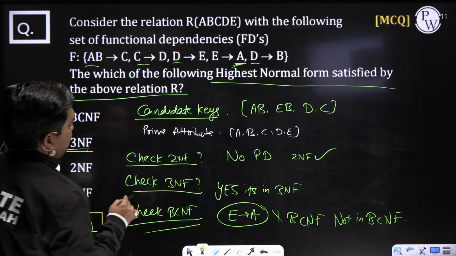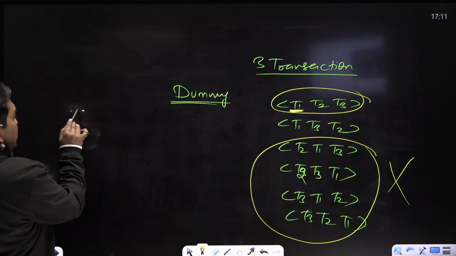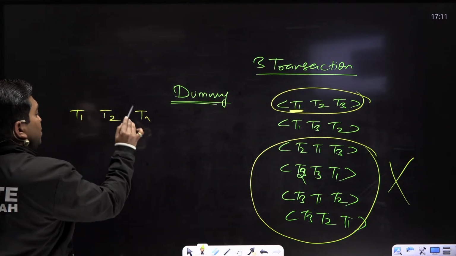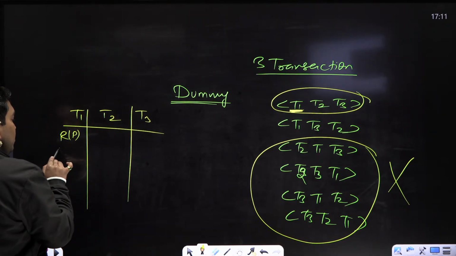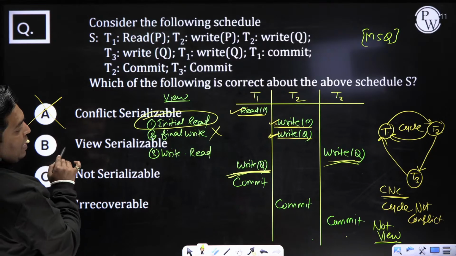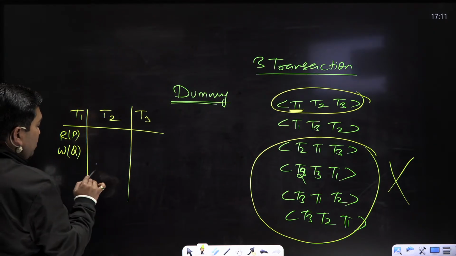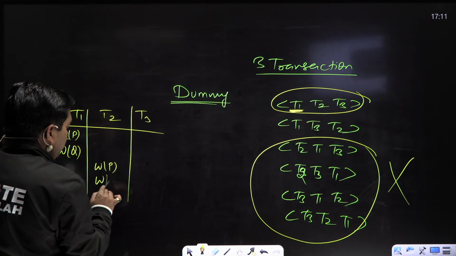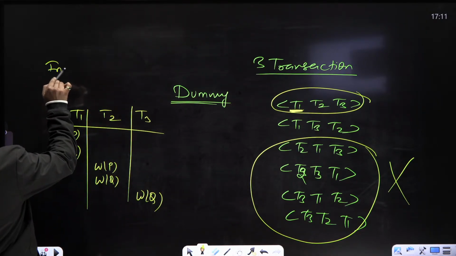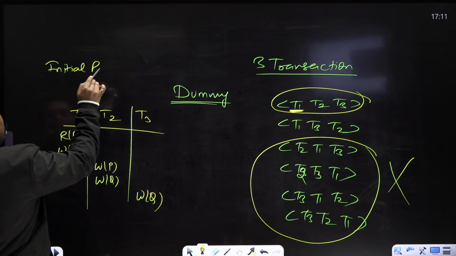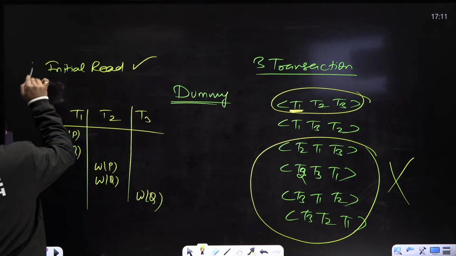Let's suppose I make it here: T1, T2, T3, read P, write Q, write P, write Q, write Q. Initial read is okay, initial read passes, yes, T1.